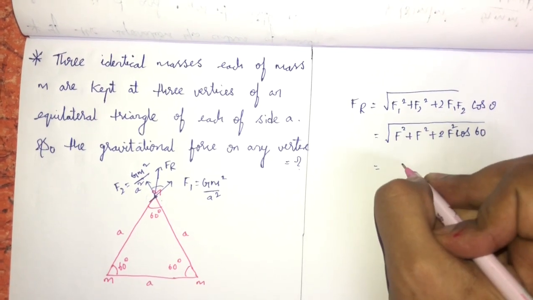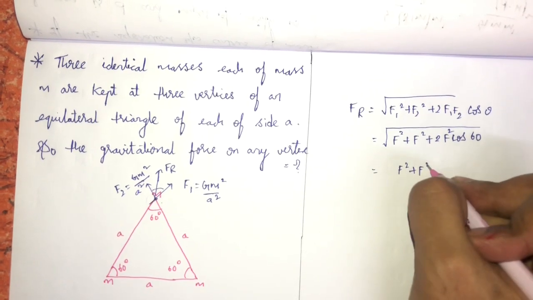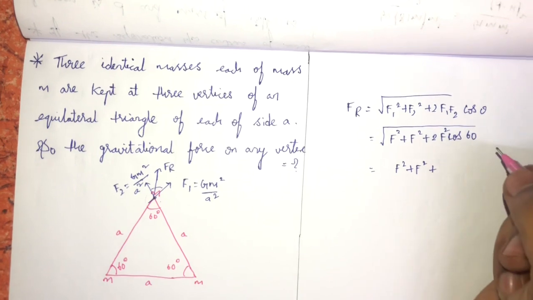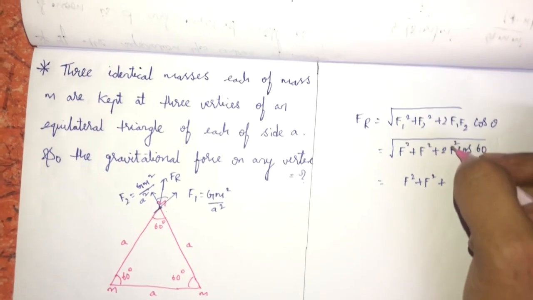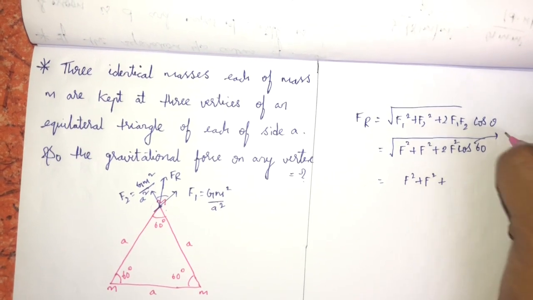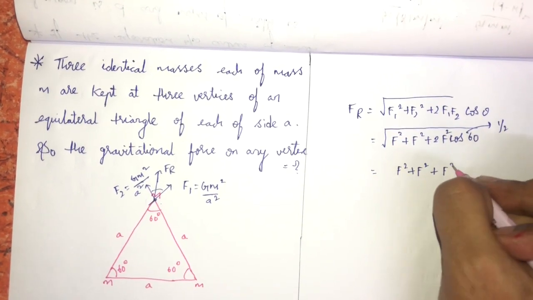So F square plus F square plus, cos 60 is equal to 1 by 2. So the 2s get cancelled, both the 2 get cancelled, and finally we are left with F square.